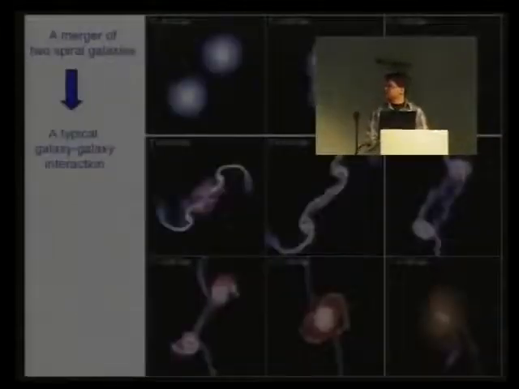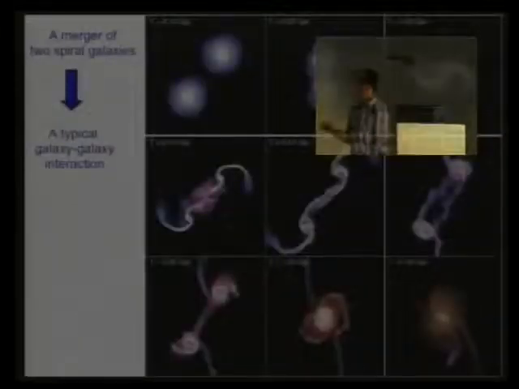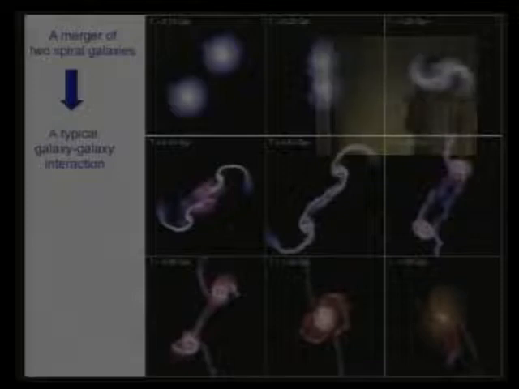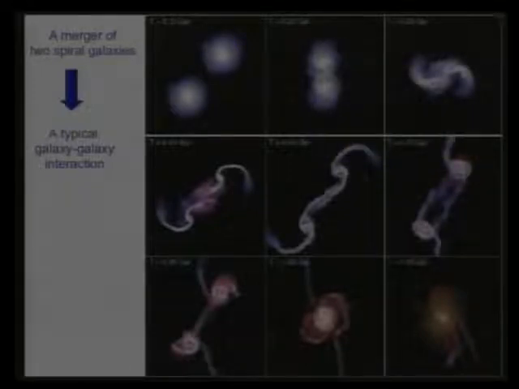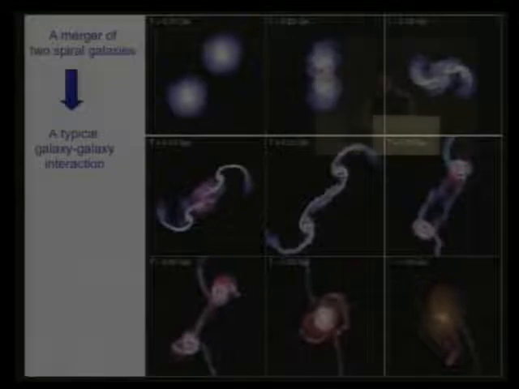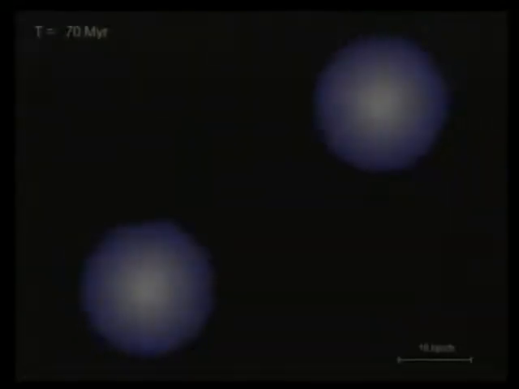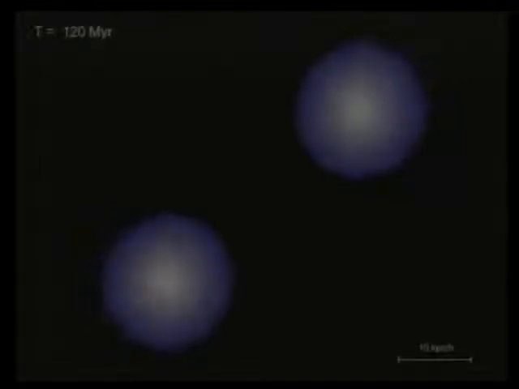And since we can simulate these single objects, we can also simulate the interaction of these single objects. So we just take two of these objects, let them merge, and then ask whether the output from the simulation looks like the observation or not. And this is now shown here in this movie. So this is now a collision of one of these objects I showed you before. I will only briefly mention this.